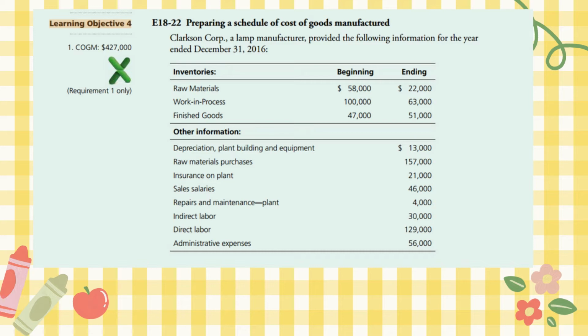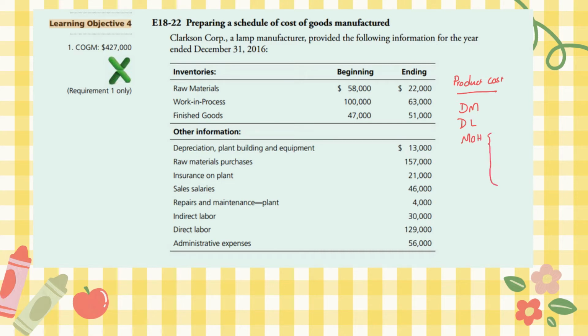So I'm going to write them down here. Product cost, or factory cost, includes direct materials, direct labor, and manufacturing overhead.